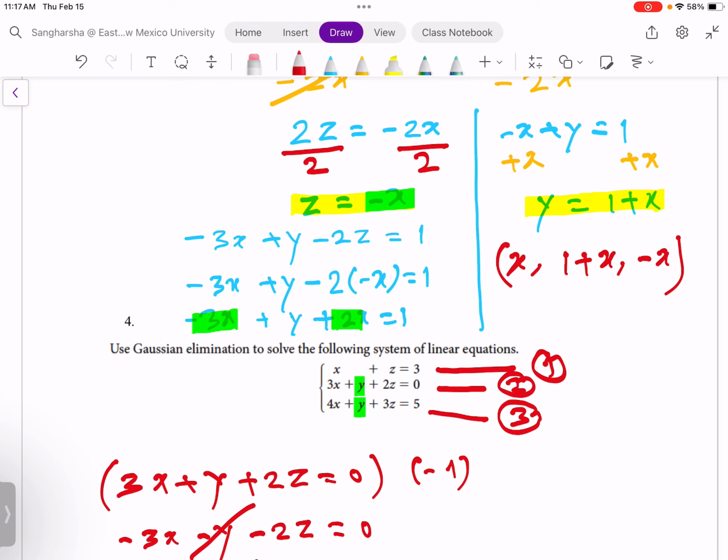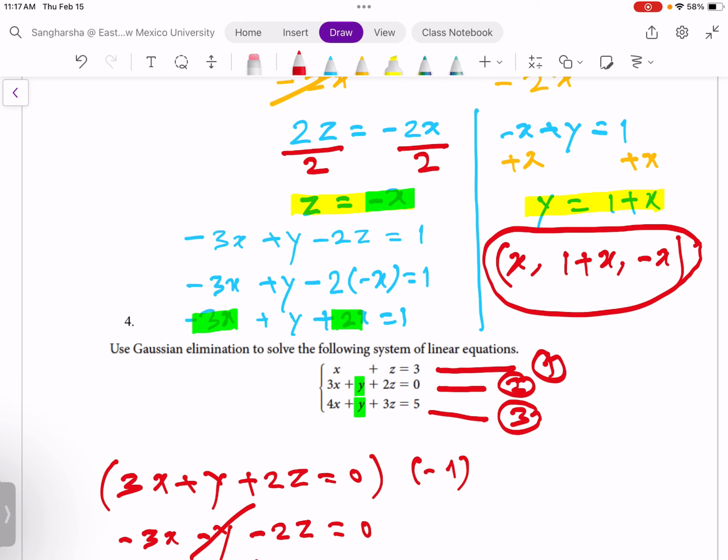This solution is infinitely many solutions. The reason is that x is a real number. We have infinitely many real numbers, and if we substitute any number for x, we get a different solution.